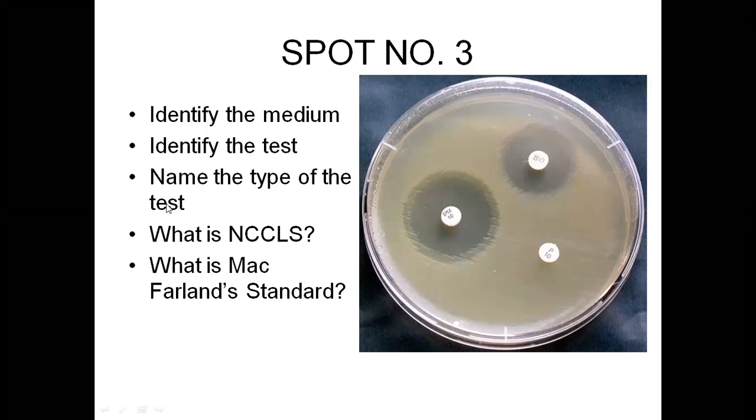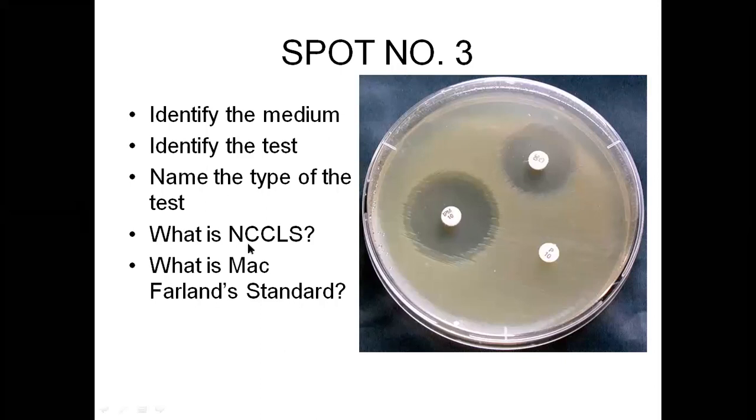In a different way. What is NCCLS in your book? This is an abbreviation written, that is National Committee for Control of Laboratory Standards. So this is an international universal committee which gives all the SOPs and protocols or criteria for biological testings.